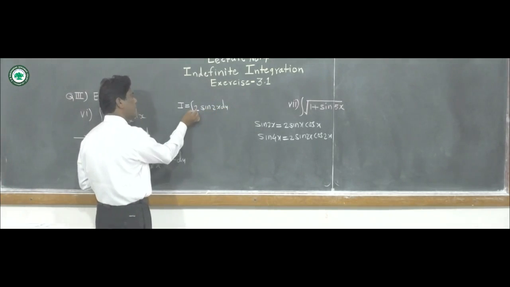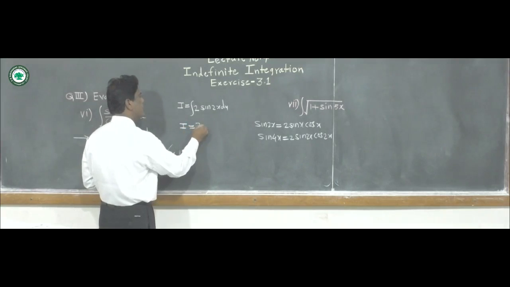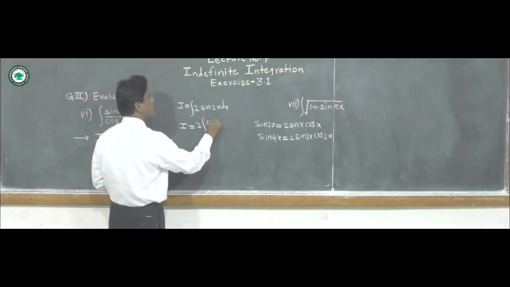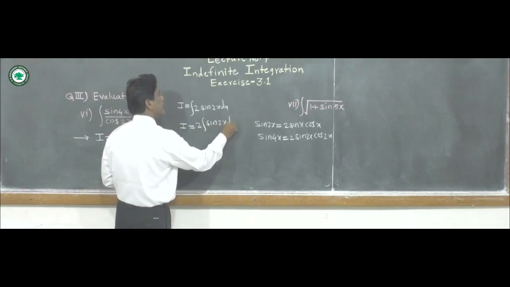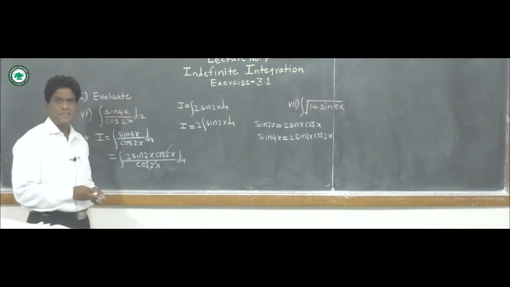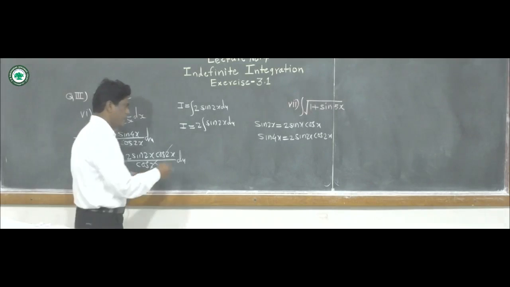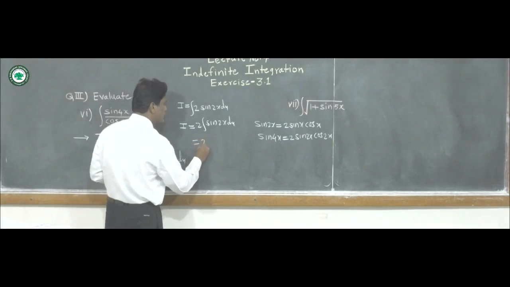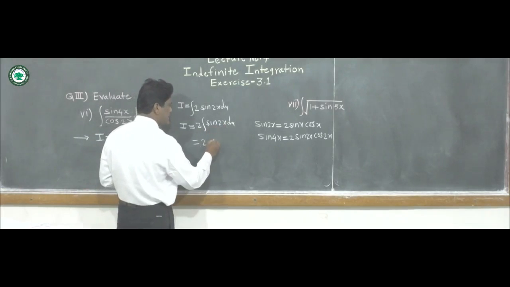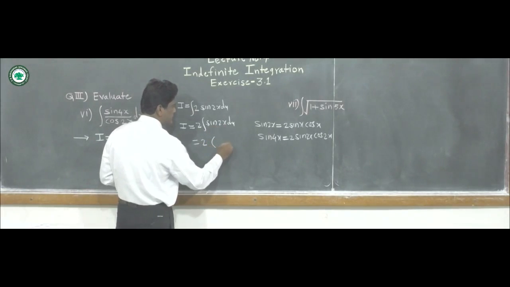Now take this constant 2 outside the integral. So I is equal to 2 into integration of sin of 2x dx. And we know that integration of sin x is minus cos x, integration of cos x is sin x.